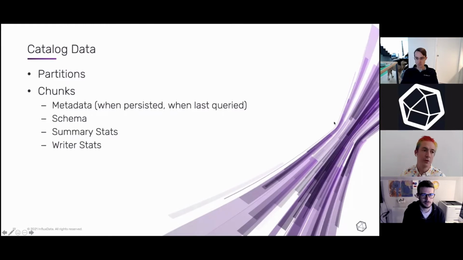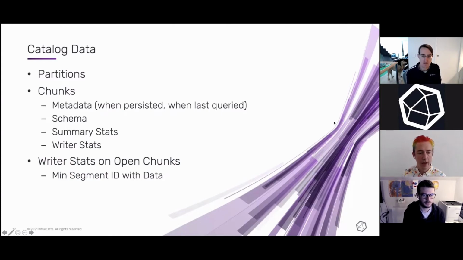So you have partitions, you have the chunks that exist within those partitions, you have metadata about those chunks, like when it was persisted, when it was last queried. The when it was last queried is basically just going to be at the time when the catalog was written. That's not going to be updated on every single query. You have the schema, you have the summary stats, basically like you did before, and you have the writer stats.